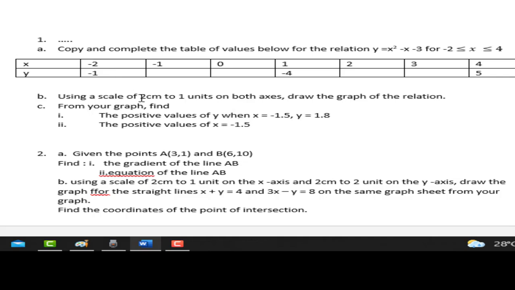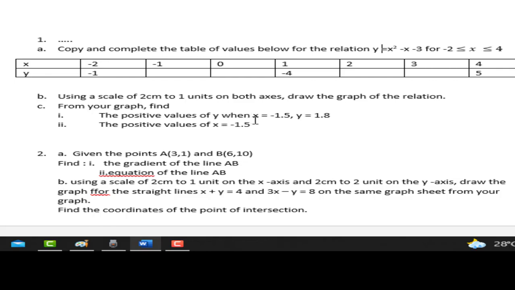And we have our scale here of 2 centimeters to 1 unit that we're going to use to come out with our work on our graph sheet. Then from our graph, once we have our curve, we will use it to find our values for y.